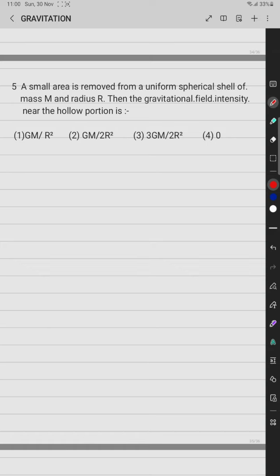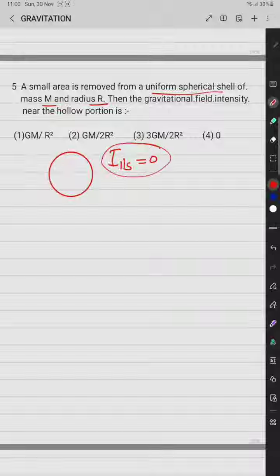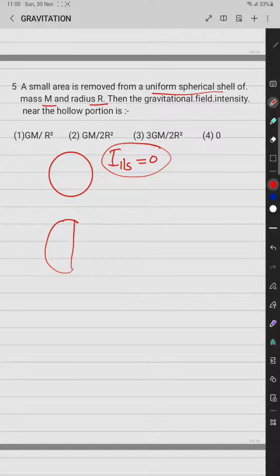In this problem, there is a uniform spherical shell of mass capital M and radius r, and we consider the gravitational field intensity. We know the gravitational field intensity inside this shell will be 0. Now if we remove half the part, the intensity of this one is equal to this one, so both will be the same.